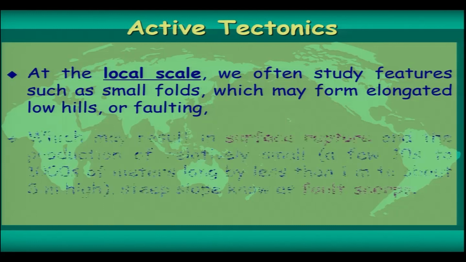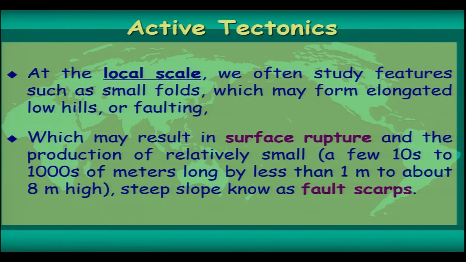So, this is what we see on the local scale, which may result in surface ruptures and the production of relatively small scarps, a few tens to hundreds or thousands of meters long and less than 1 meter to about 8 meters high, and these scarps or deformations are termed fault scarps.